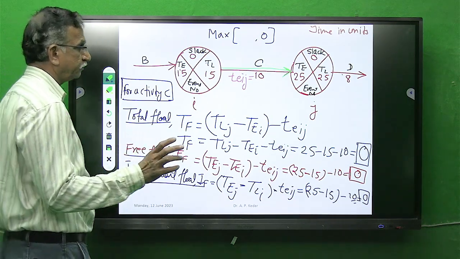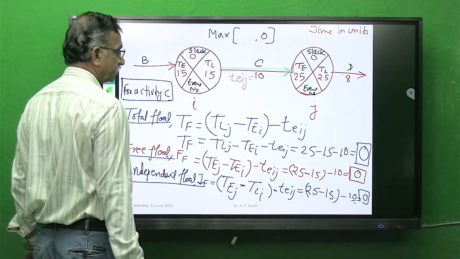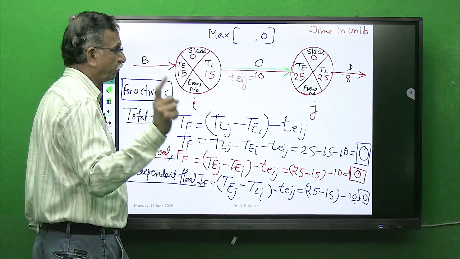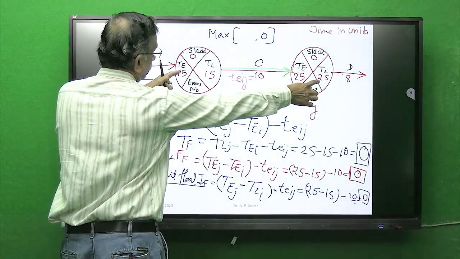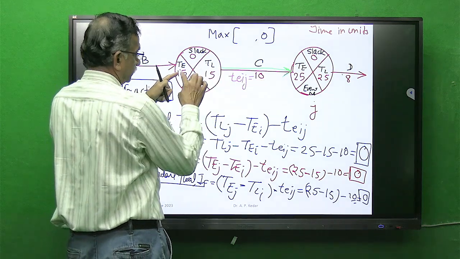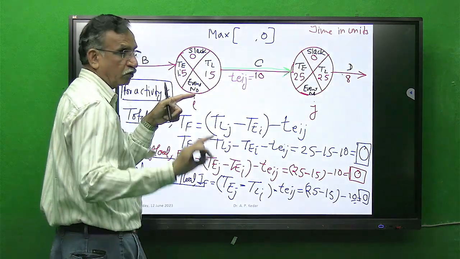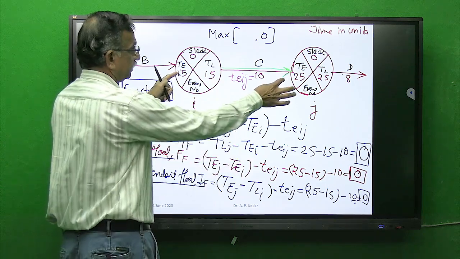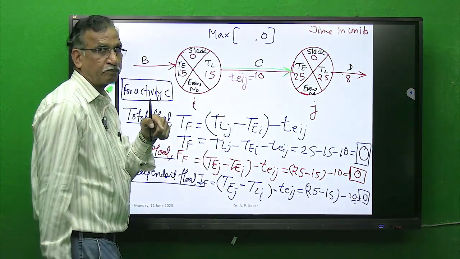Keep one thing in mind, in a simplified way, if you are conversant with this: for the first type of float we find the difference of these two corners, this corner and this corner, minus Tij. For free float we find the difference of first and first corner, minus Tij.